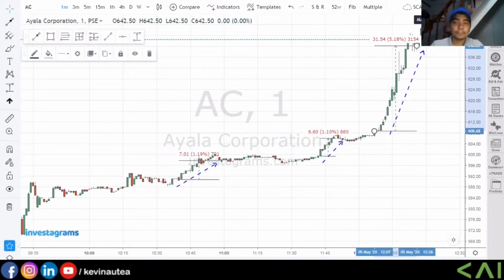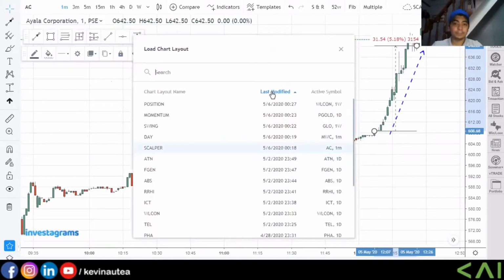But still, for instance, in our PSEI, most of them are the blue chip companies, right? So ACSM, those are some of the expensive stocks.